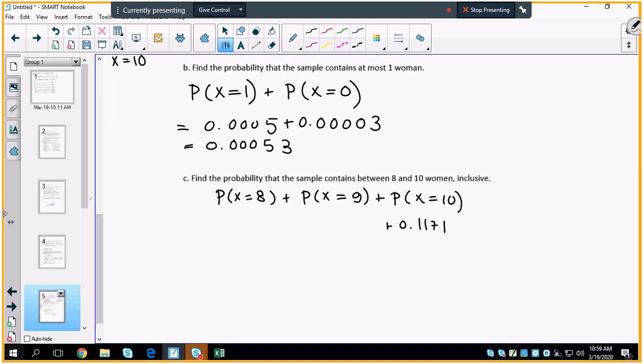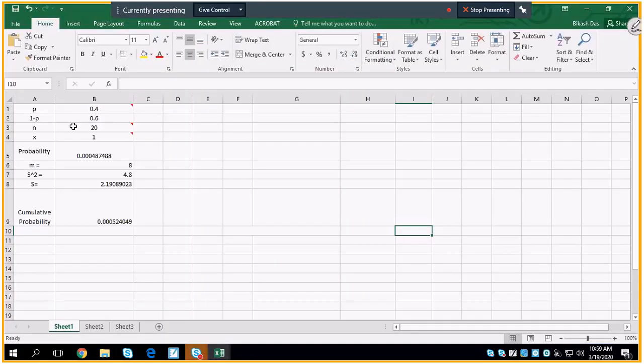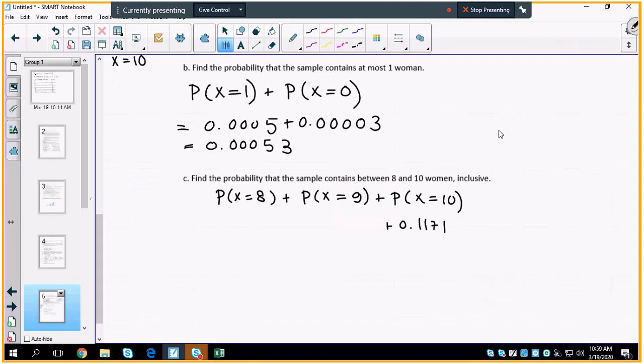Again, all I need to change is the number of successes. So for the number of successes, I'm going to put 8, and that will give me 0.1797. That should be for 8.